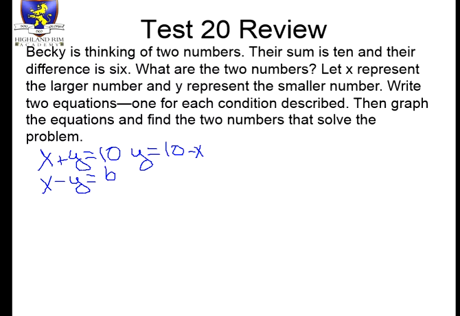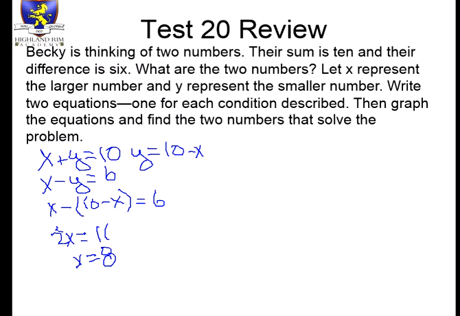And so we'll replace that in here, and we have x minus the sum of 10 minus x is equal to 6. So then we put that together: x minus 10, actually plus x, so we end up with 2x is equal to, and we add 10 to both sides, that's equal to 16. So x is equal to 8.